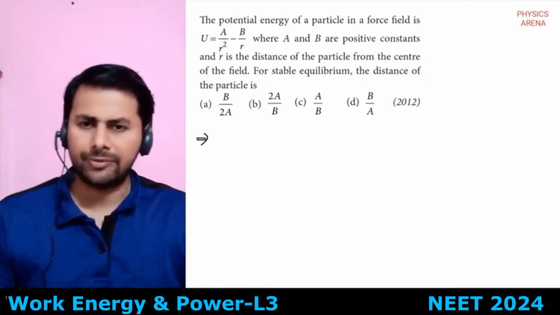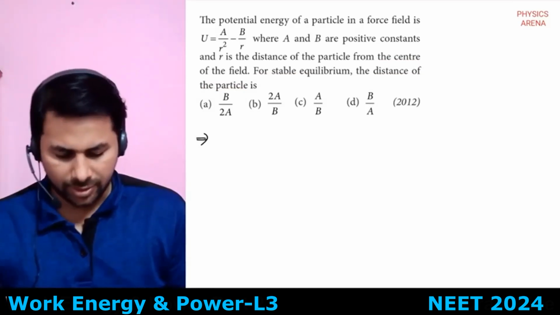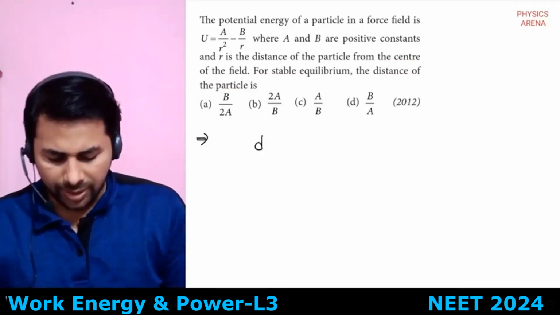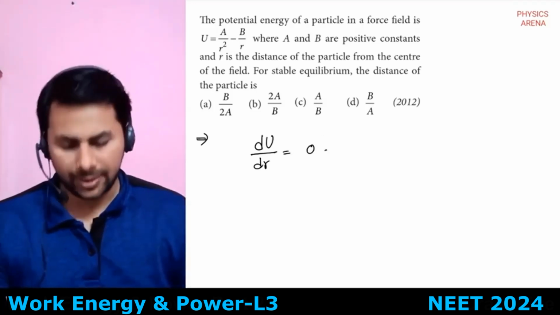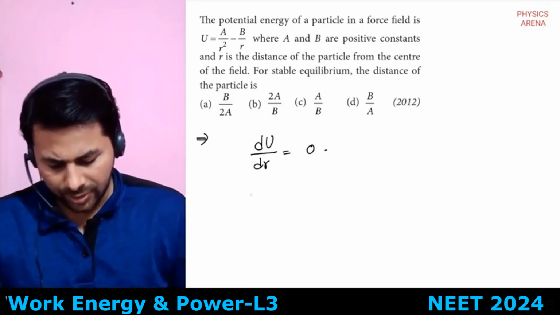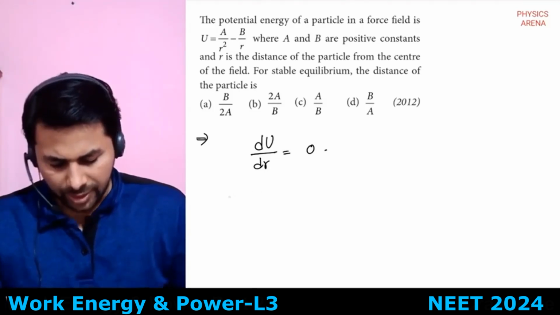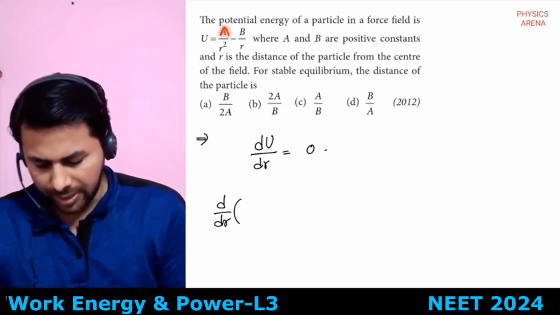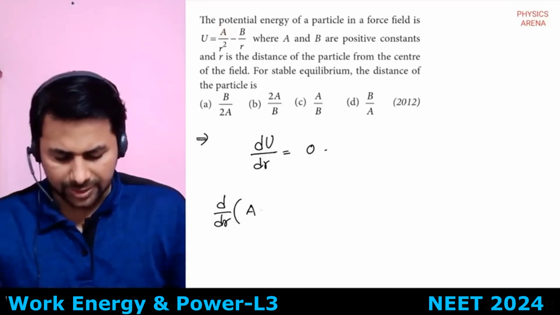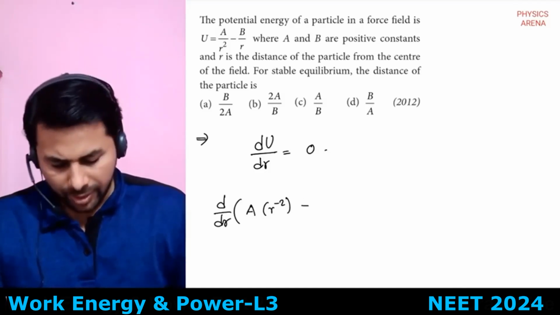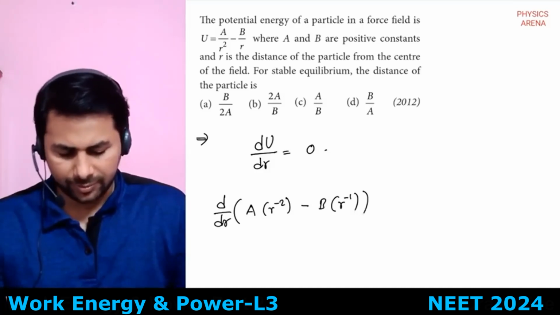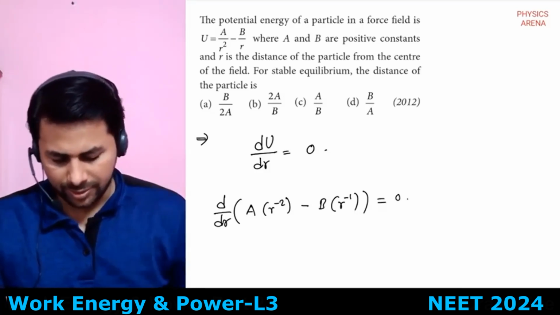So, for stable or unstable equilibrium, we have dU by dR equals 0, right? That is d by dR of A multiplied by R raised to minus 2, minus B multiplied by R raised to minus 1, and this is equal to 0.